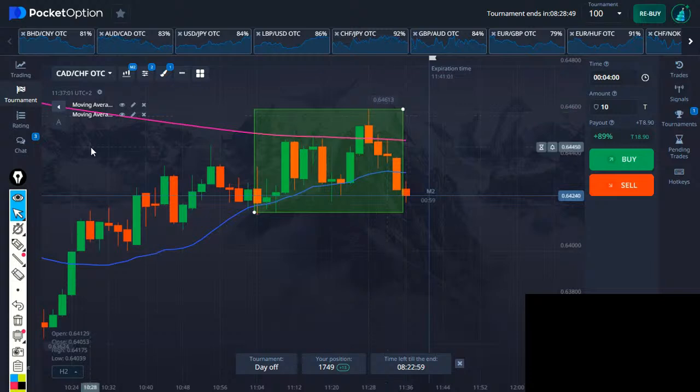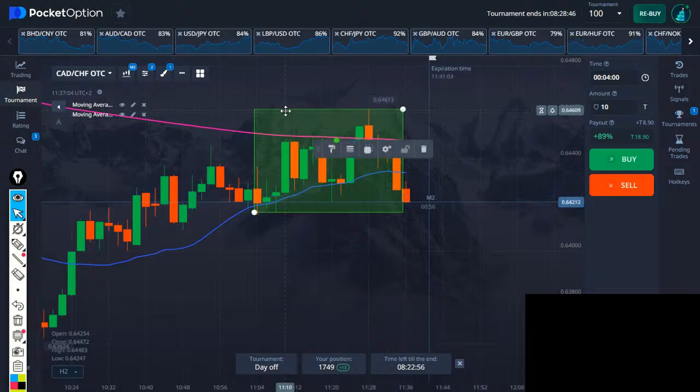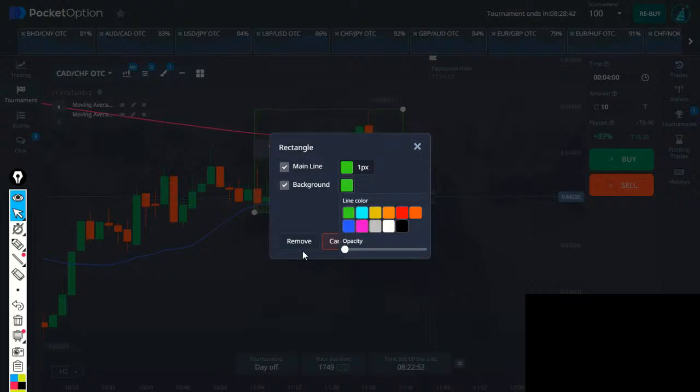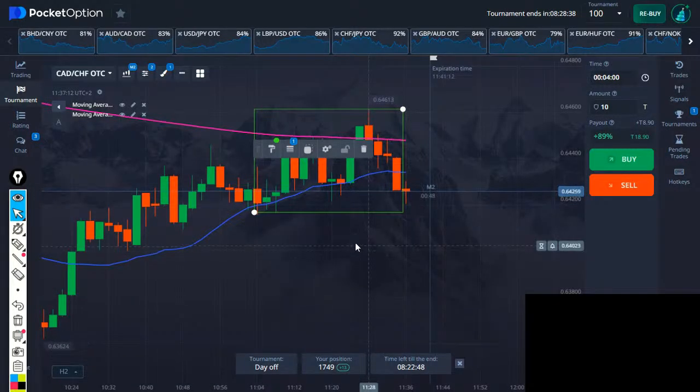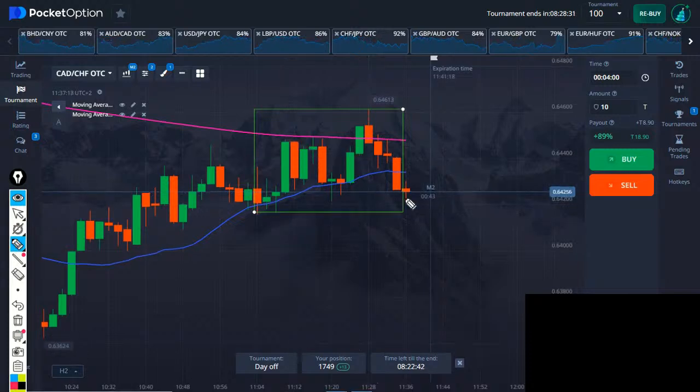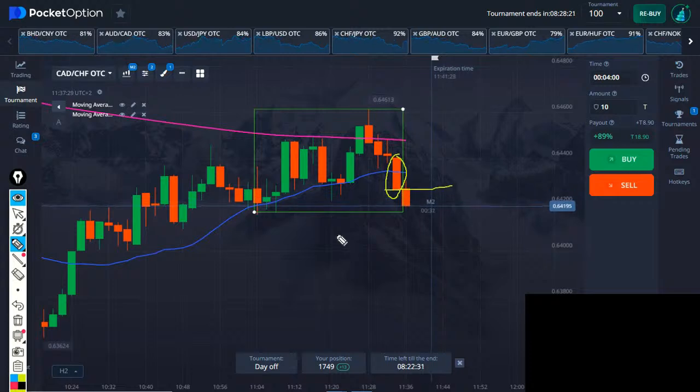What we need to look for, let me just change the settings of this rectangle. Save. What you need to look for is a clear 2-minute power bar candle like this one, to take a 4 minutes sell position to the downside. Why?